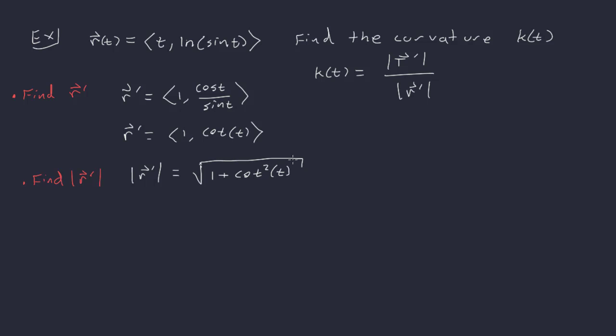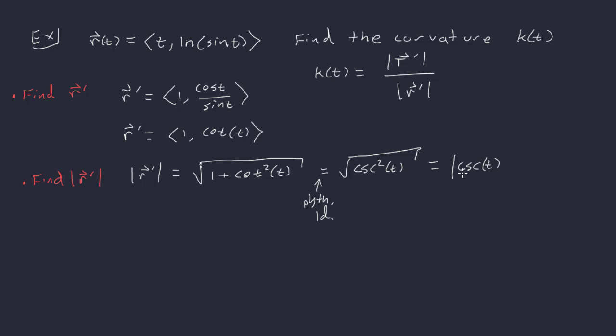Now, here we could try to continue, but here's my advice. 1 plus cotangent squared t, using the Pythagorean identity, is going to be cosecant squared of t, which, since we're taking the square root, becomes cosecant of t.